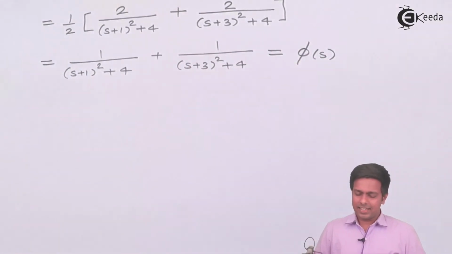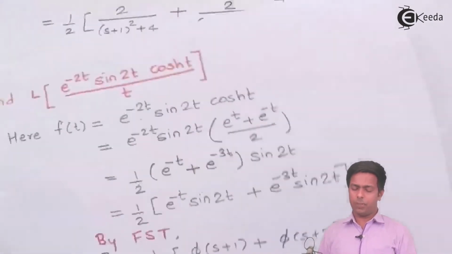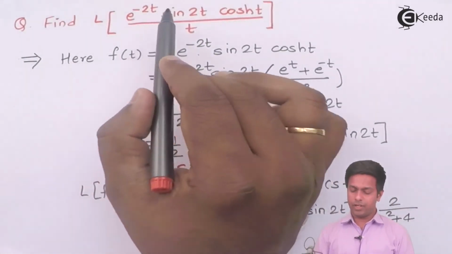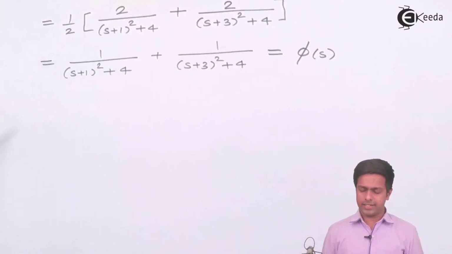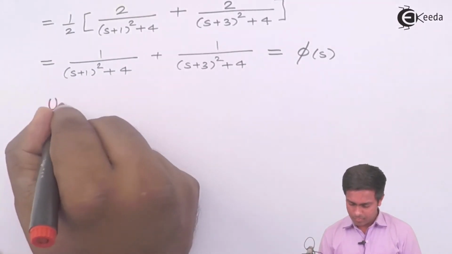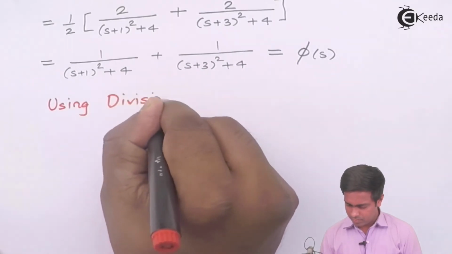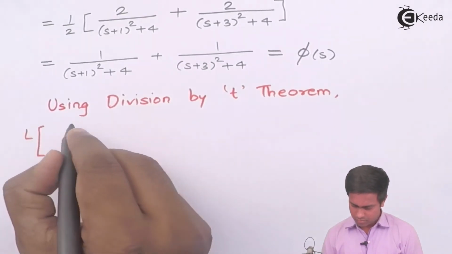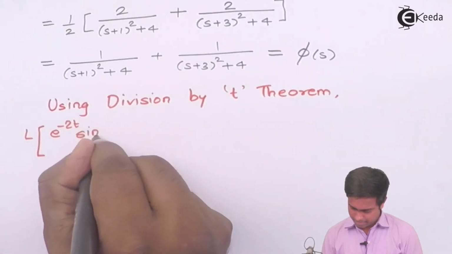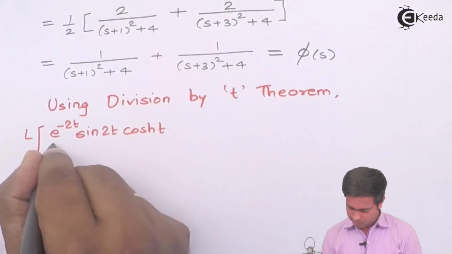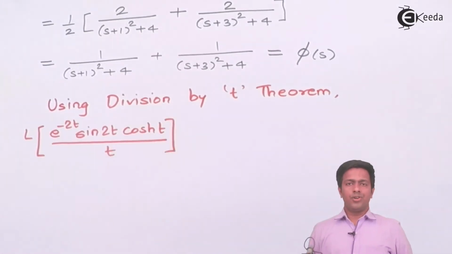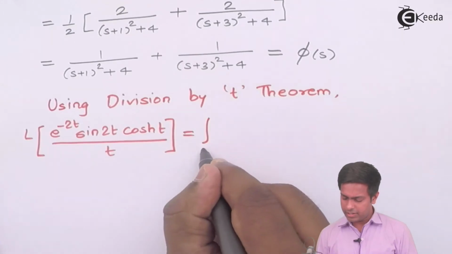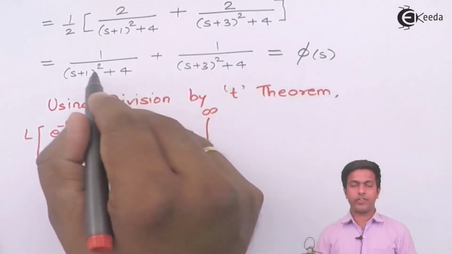Now guys, as I got phi of s, now it's time to apply division by t theorem, because here we have this function f of t upon t. So by division by t theorem, the Laplace of this function is given by integration s to infinity phi of s, and phi of s is this value.